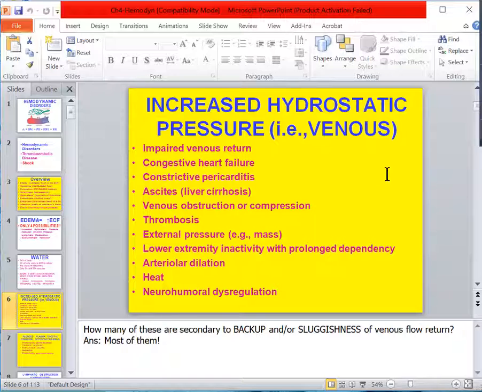So why would you have increased hydrostatic pressure? And hydrostatic pressure is like real pressure, okay? It's like the pressure inside of a pipe or the pressure inside of your artery or your vein.